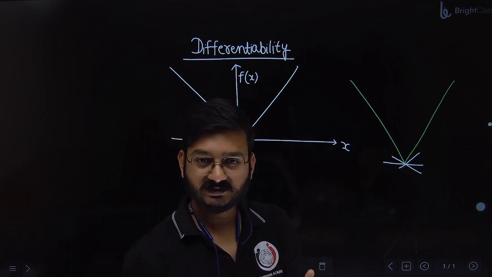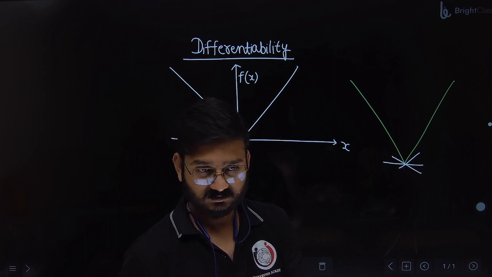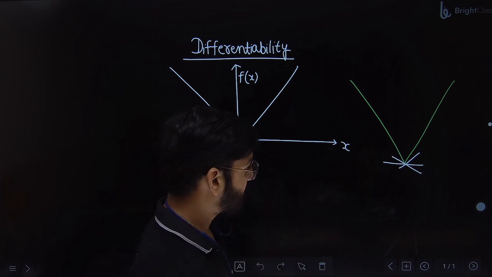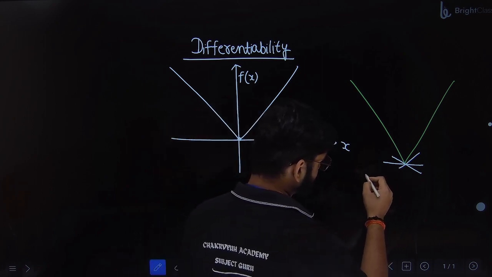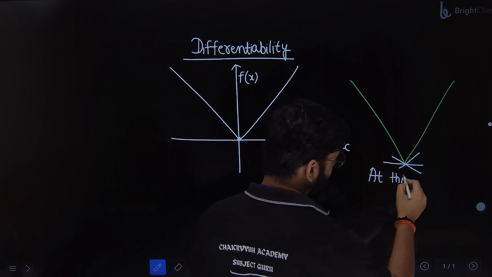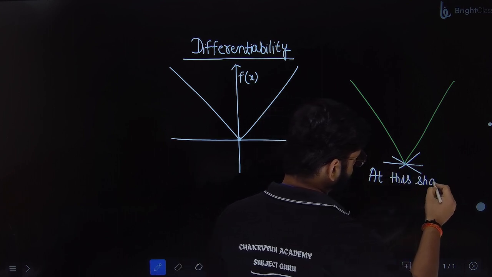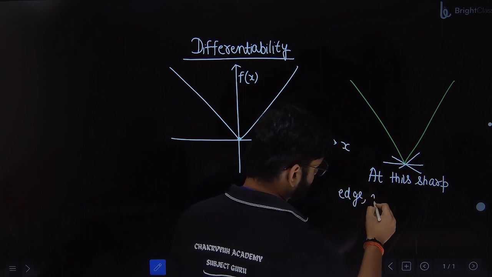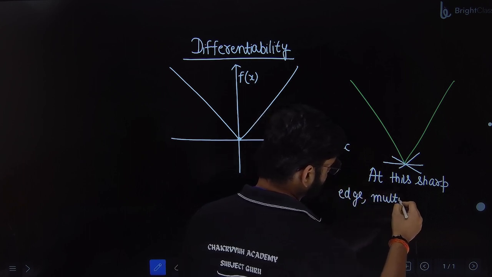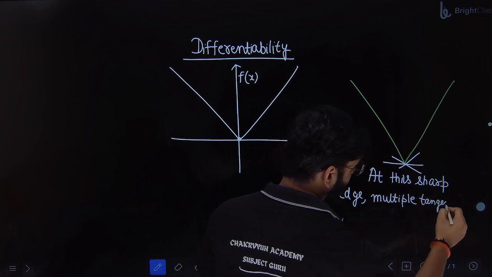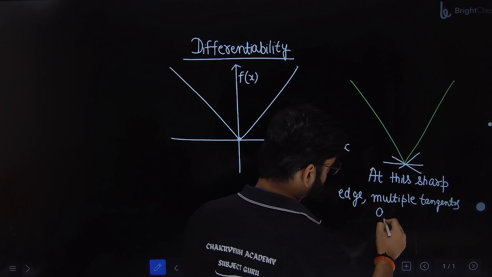And what is the meaning of tangent? Slope. Change in y by change in x. So at this sharp edge, multiple tangents are possible.